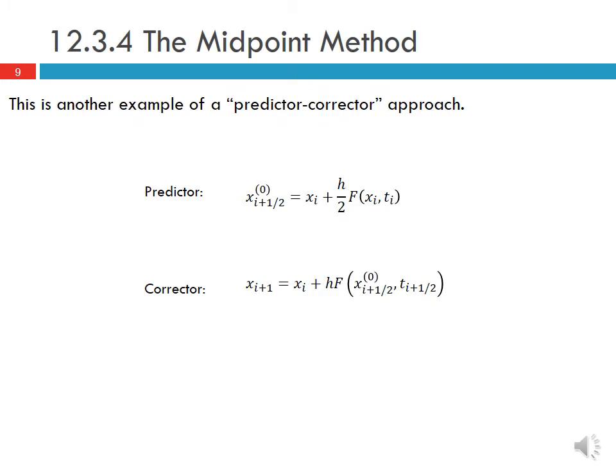So the midpoint method is another example of this predictor-corrector approach, where the predictor equation gives us our initial estimate of our xi plus a half, which uses the explicit Euler method, where our function is evaluated at what we already know, so xi and ti, and then the corrector equation uses this estimate to find the next time point xi plus 1.